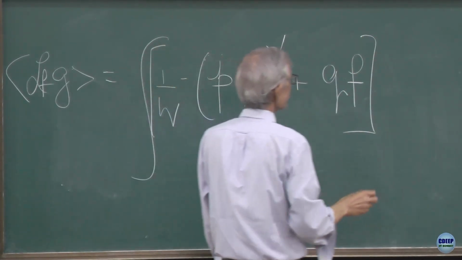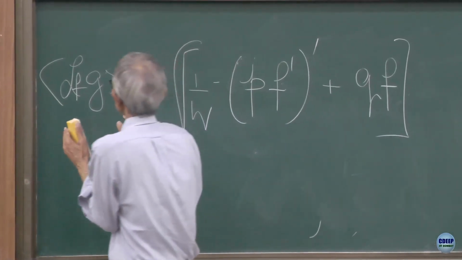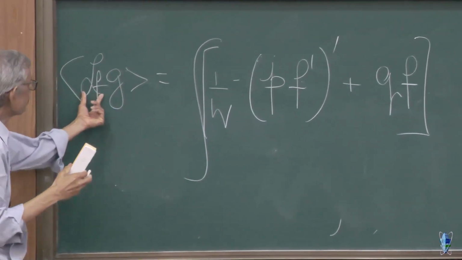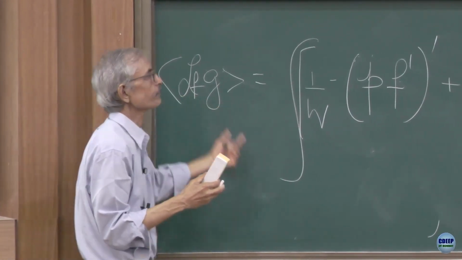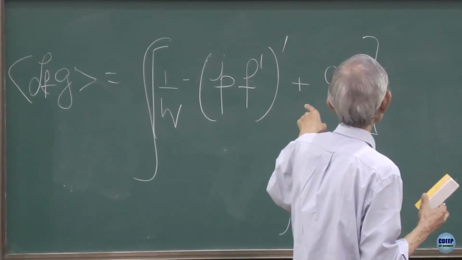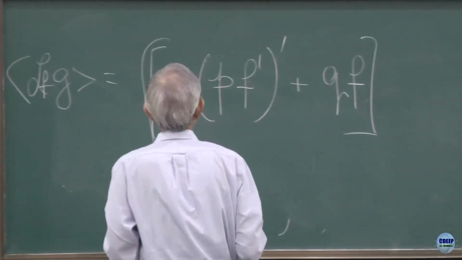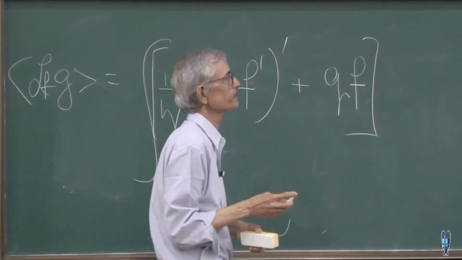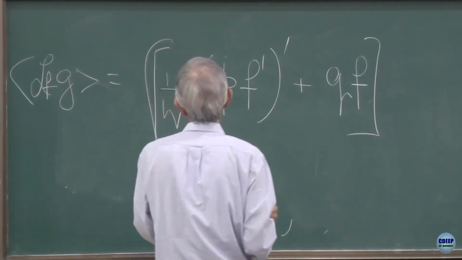So this guy now is going to be the inner product of the operator operating on F times the function G. So 1 by W minus of d dx. I'm just putting that as a differential sign here in this d dx, and plus QF. Okay.